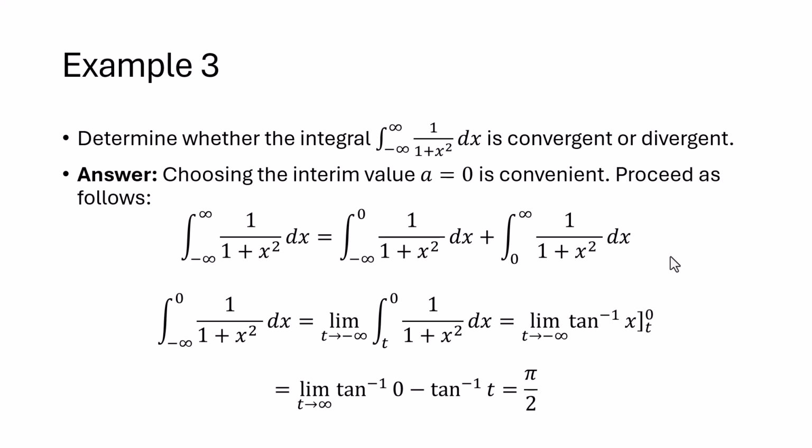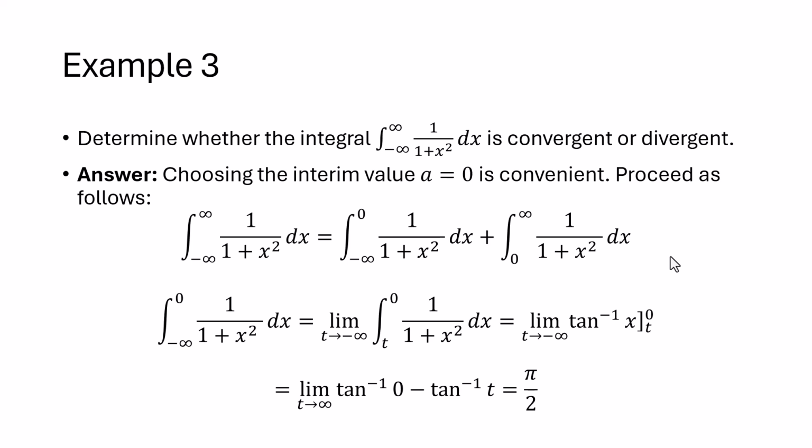We're going to evaluate the integral from negative infinity to 0 of 1 over 1 plus x squared dx first. Following our same steps, we have the limit as t approaches negative infinity of the definite integral from t to 0 of 1 over 1 plus x squared dx. We know that this integral happens to be the inverse tangent, or the arctangent.